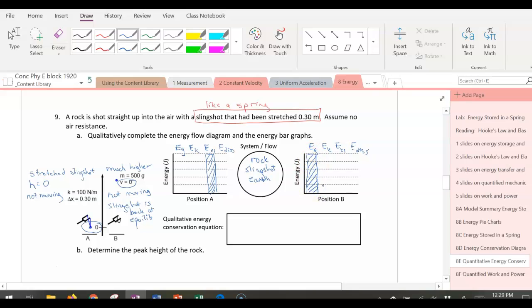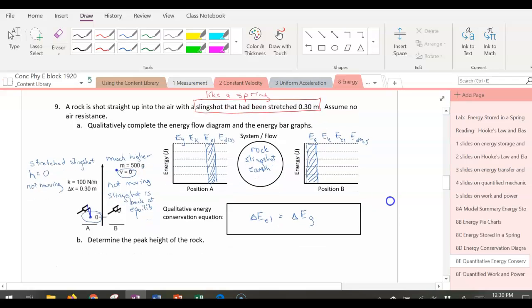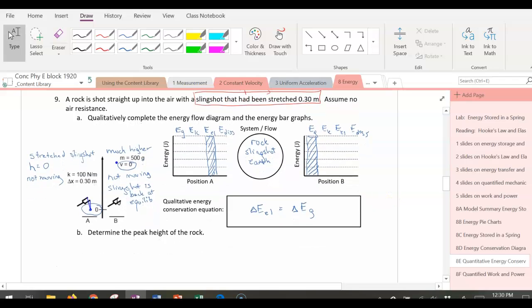And so I could write the conservation equation here. The change in the elastic potential energy equals the change in the gravitational potential energy. That equation explains this situation. And now it says, what is the peak height of the rock?